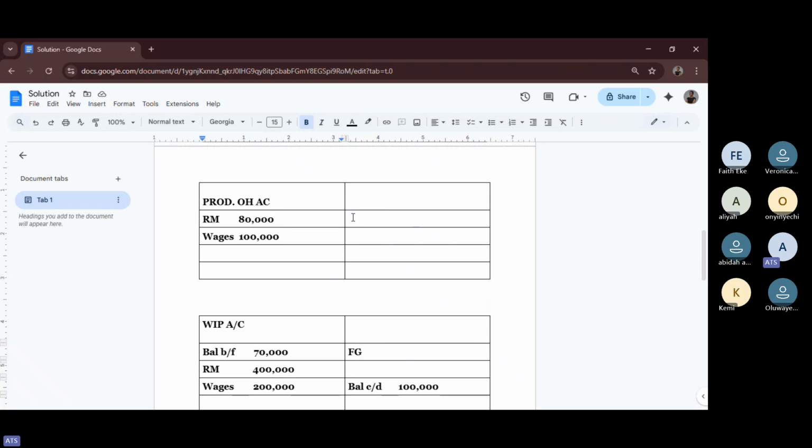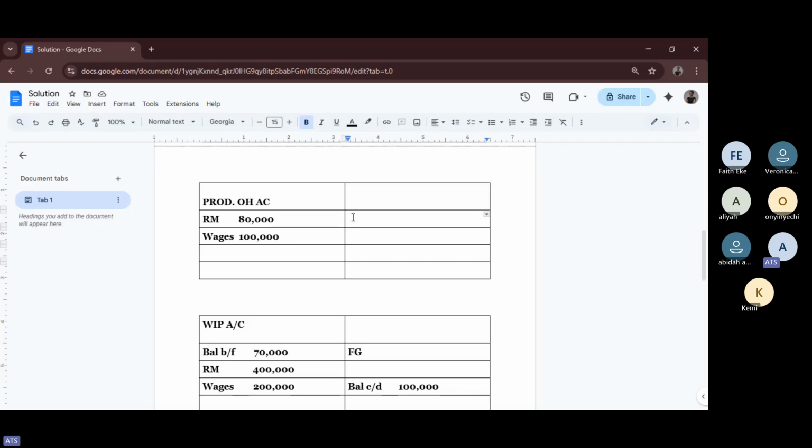I'm going to edit the question and send it to you. But yes, we are supposed to transfer our overheads. We are supposed to absorb, yes, that's the language. You're supposed to absorb overheads into your finished good, because as I mentioned, it takes more than just your direct materials and direct labor to make a complete finished good. It takes more than that to make a complete commodity. So you need all your indirect labor, indirect materials, all work together to make it. So you have to absorb overhead into your production process.